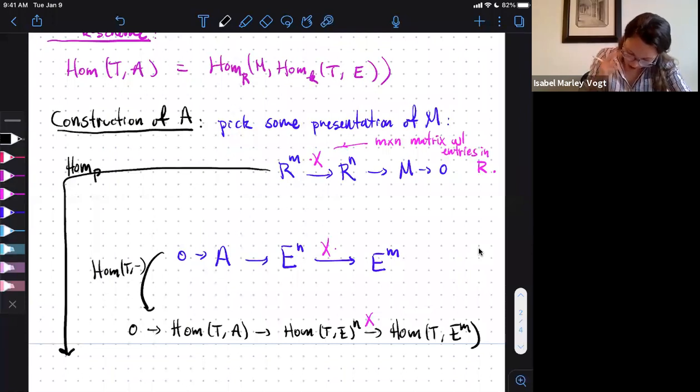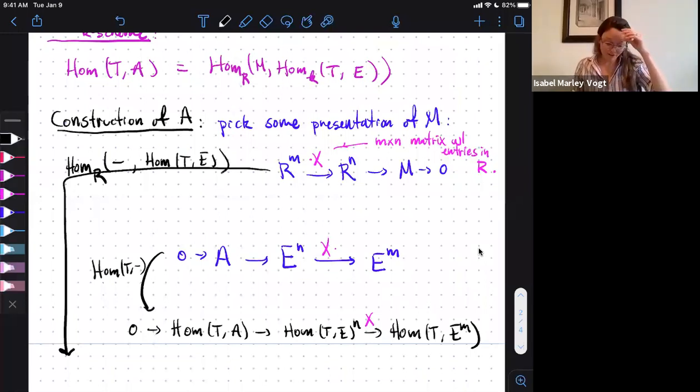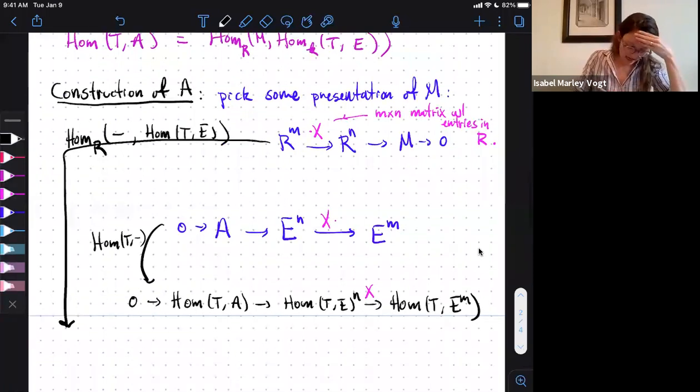And then on the other hand, I can take this sequence up here and take Hom as R-modules of this into Hom of T, E. This is what I'm going for the functor of points to be. And what I will get is, so all the arrows reverse.